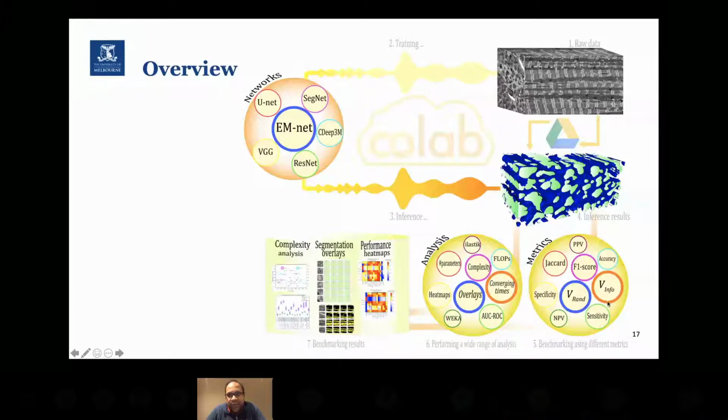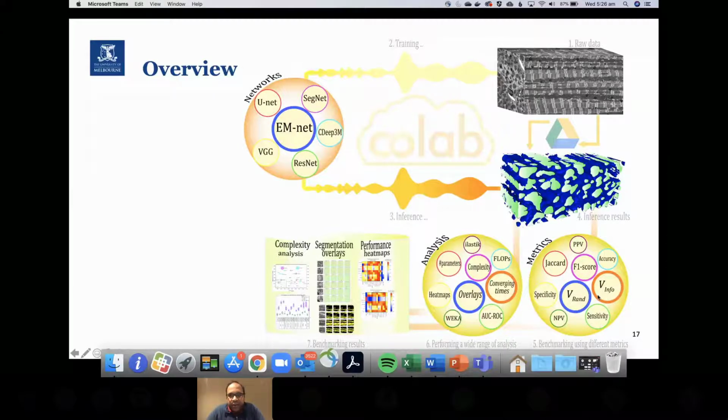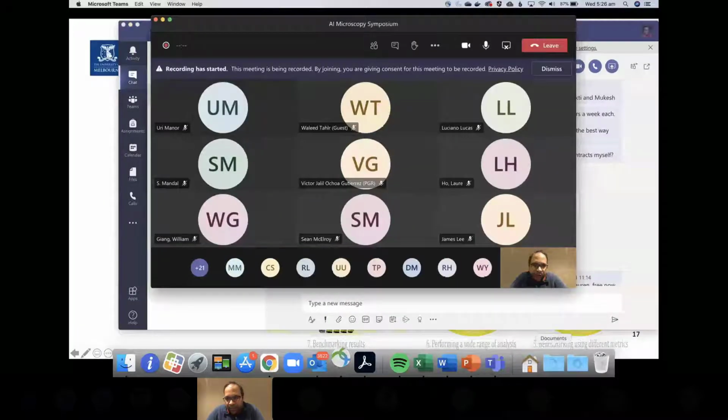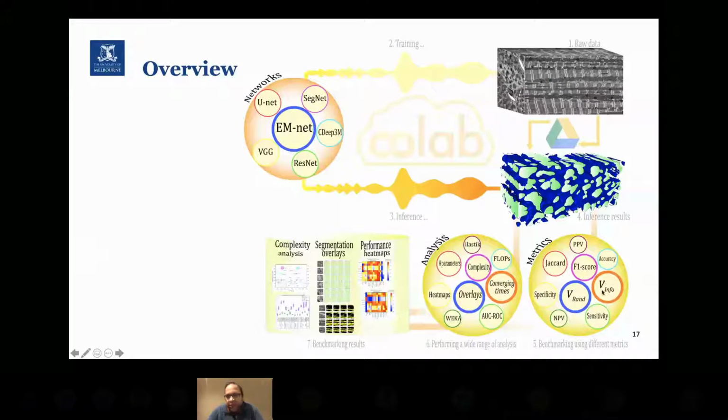Once they give you outputs, we've also provided a number of different metrics so that you can look at how the algorithms perform across a wide range of error metrics, to give you a sense of how consistent the accuracy of the algorithm is for your particular data set.